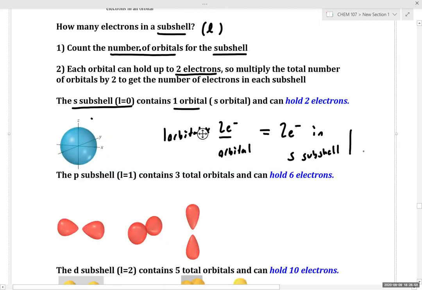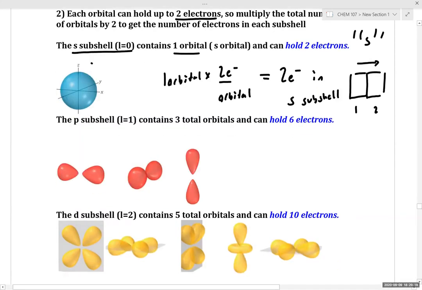That's why in the periodic table, when we look at the S subshell, it consists of the first 2 elements in that row, because we can hold 2 electrons in our S orbital. More on that later. The P subshell has 3 orbitals, 1, 2, 3.